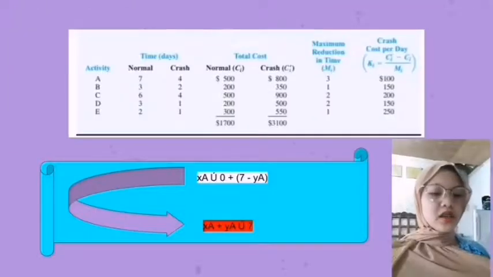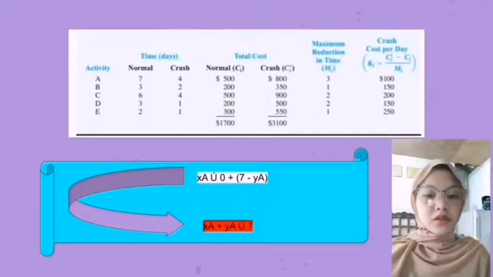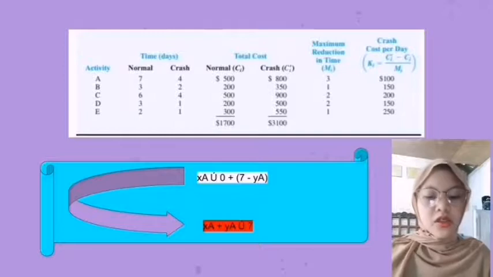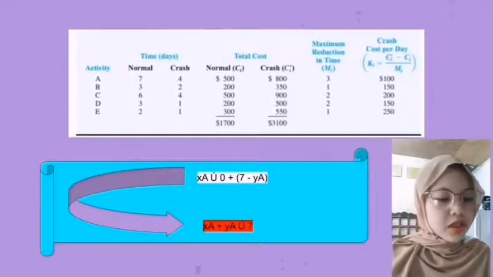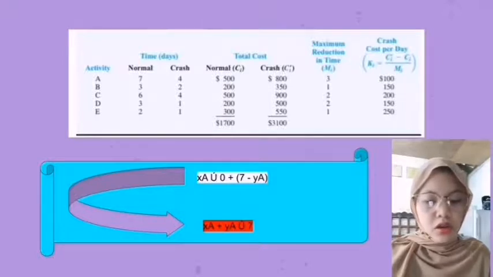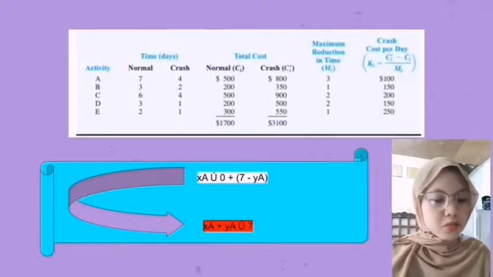As you can see in table 9.9, the normal and crash activity data for the two machine maintenance project show the total cost, time in days, and other data.